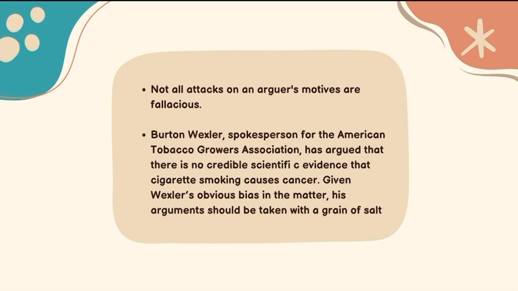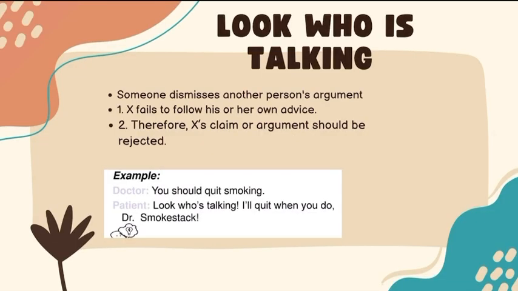Given Wexler's obvious bias in the matter, his arguments should be taken with a grain of salt. Given their obvious bias, the argument should be taken with caution. This is not a fallacy, but a valid concern of bias.